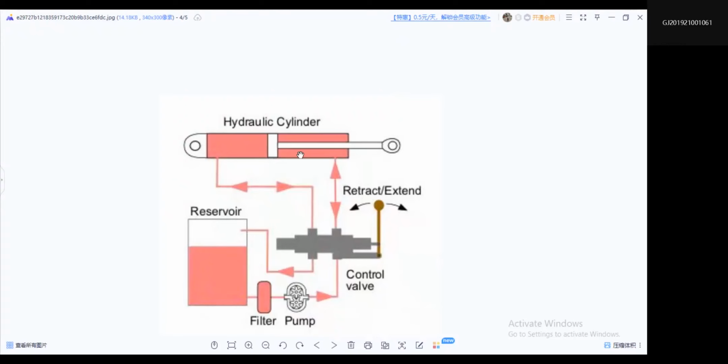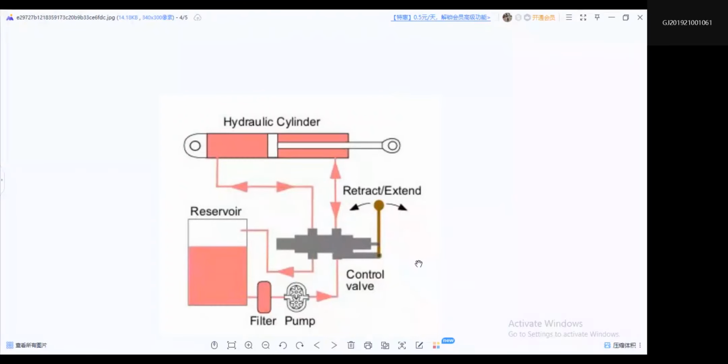It also has many applications, notably in construction equipment. Like, I'm going to show you a machine that we use in construction, where we can see a hydraulic cylinder.